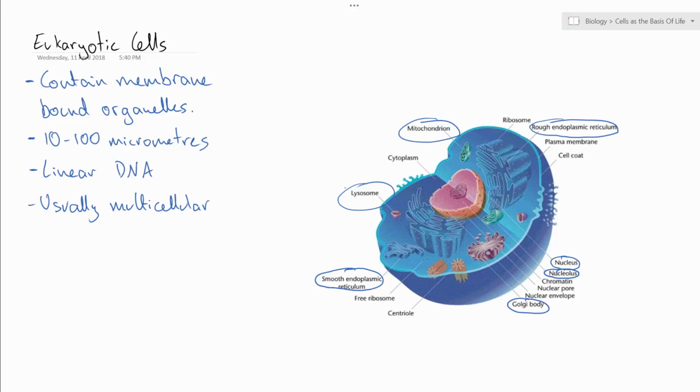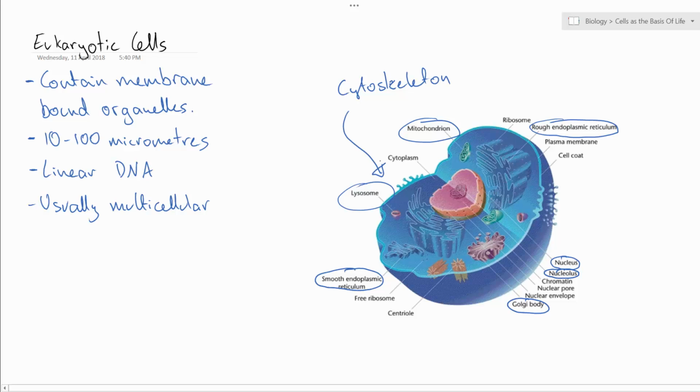And the last bit here, it's not going to be labelled on here, is something called the cytoskeleton. So the cytoskeleton is this framework that runs all throughout the cell.